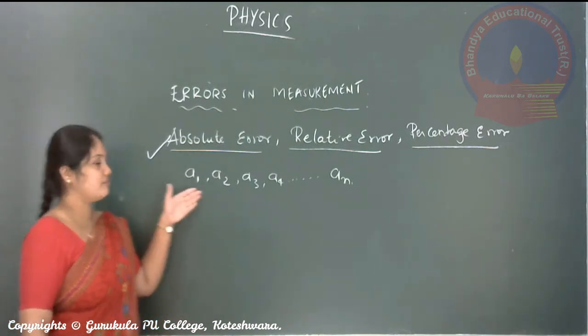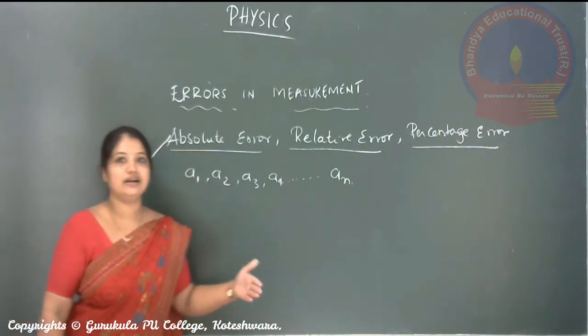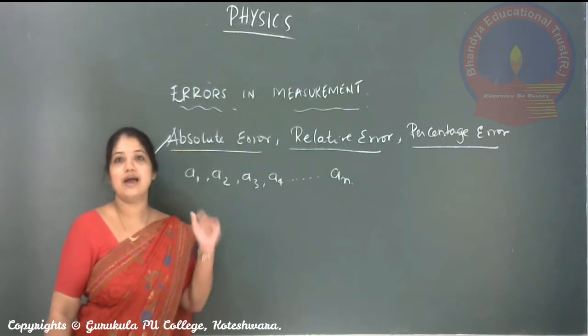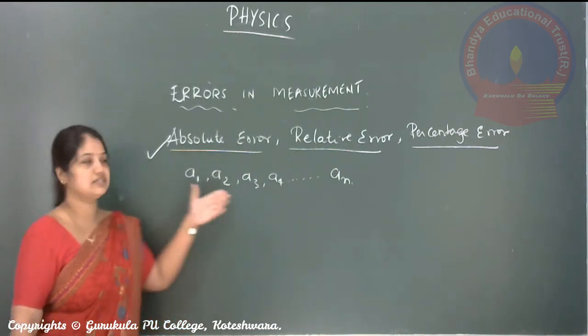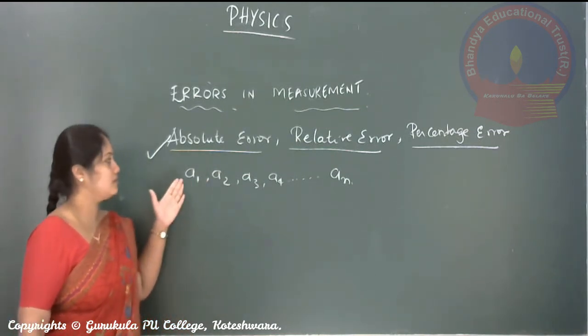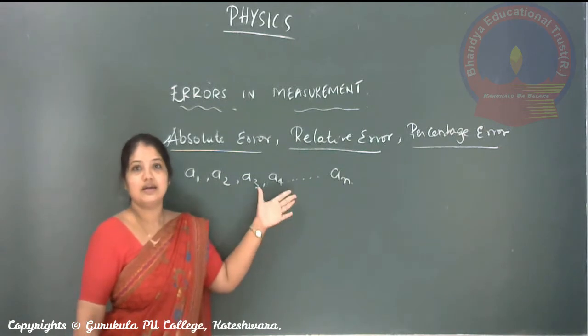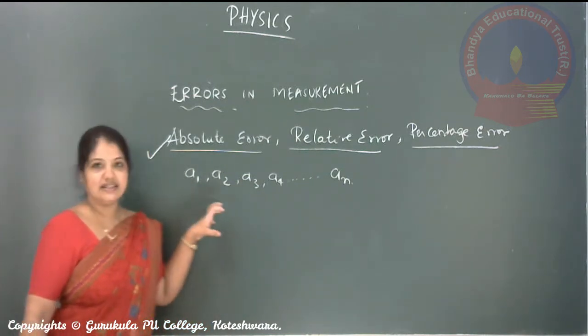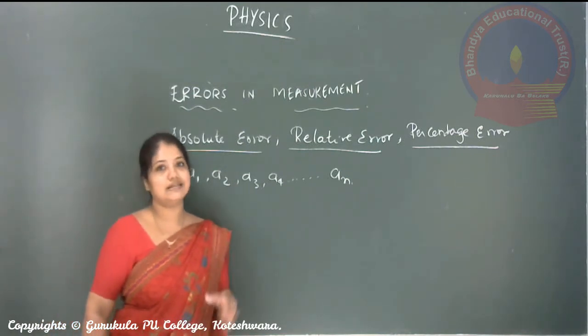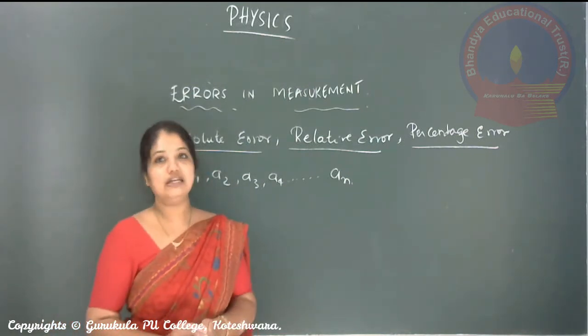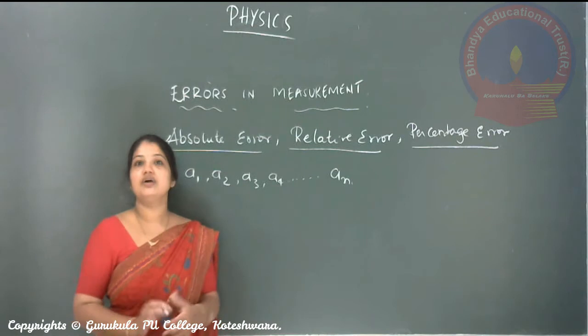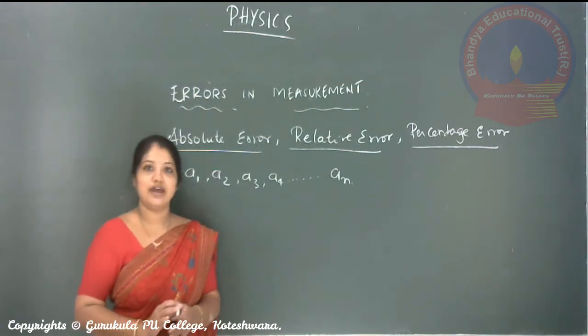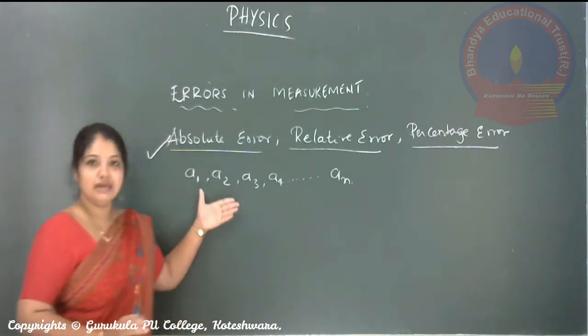For example, I may take the time period of a simple pendulum. These are my values. Now I find that this value is more or less closer to the true value.